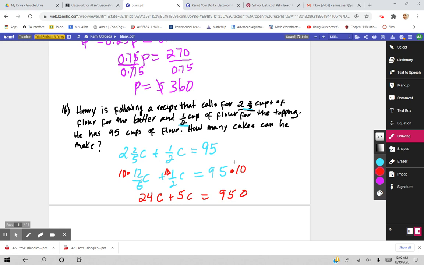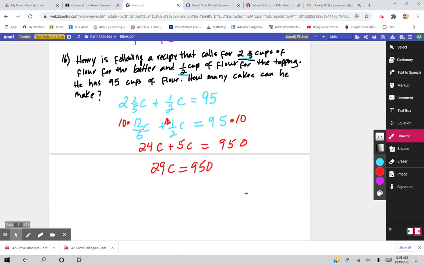Okay, so this gives us 24c plus 5c is 29c equals 950. Divide 950 by 29, and we'll get at least approximately 32 cakes.